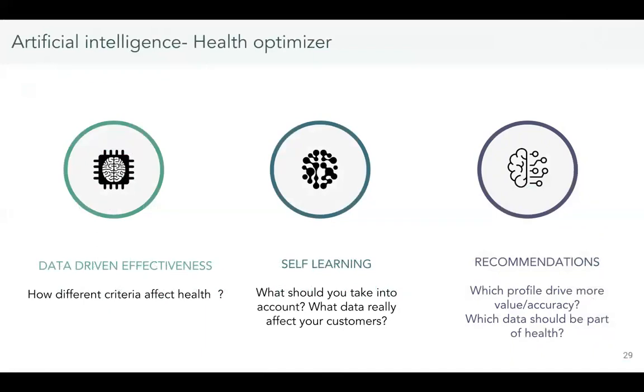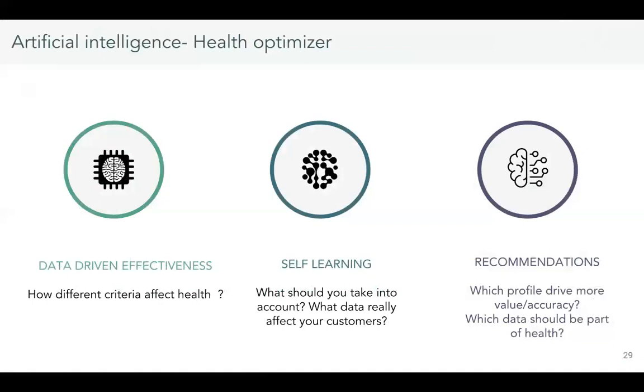There are two outcomes that we would like our AI model to deliver. One is the ability to recommend to you and your company which criteria should be configured and should be taken into account as part of good or poor health functionality.